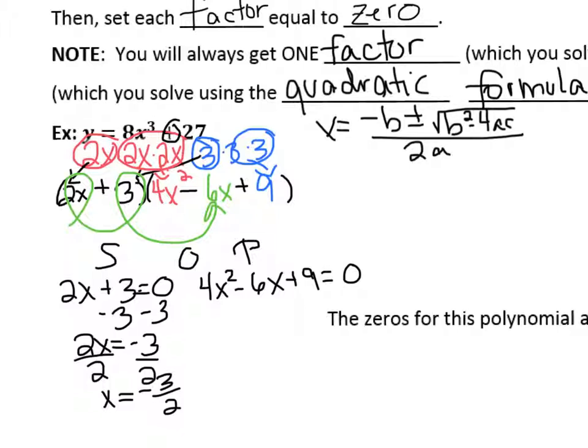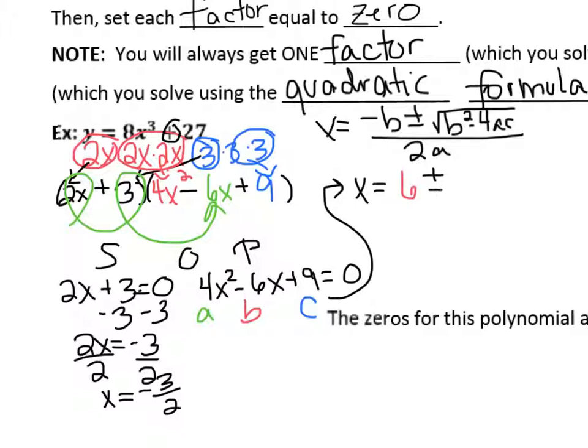And with the quadratic formula, we need the letters A, B, and C. So 4 would be A, negative 6 would be B, and that would make 9 C. So we go x equals negative b. Well, b is already negative, so that means when we put it in, it's going to become a positive.